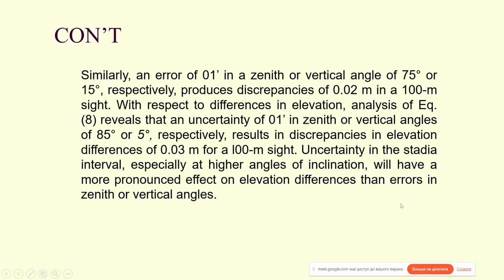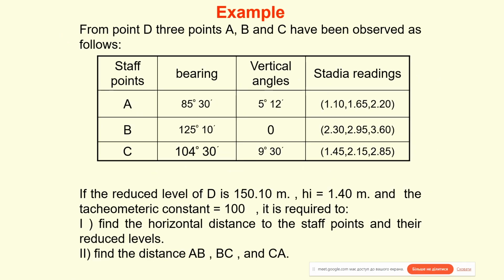With respect to differences in elevation, analysis of equations reveals that 3 centimeters for a 100-meter side. Uncertainty in a stadia interval, especially at higher angles of inclination, will have a more pronounced effect on elevation differences than errors in zenith or vertical angles.